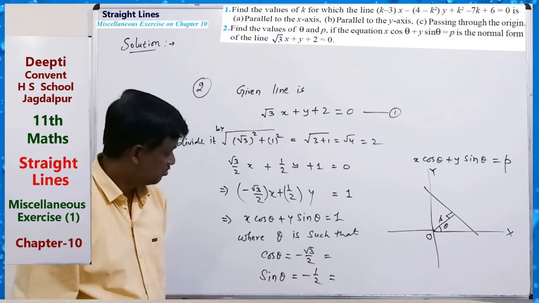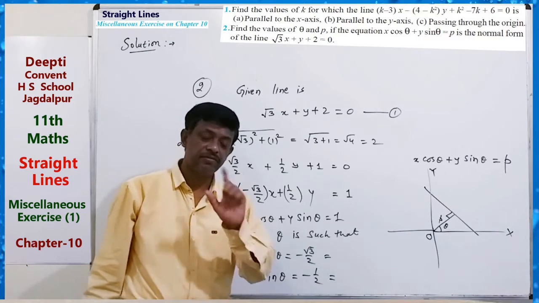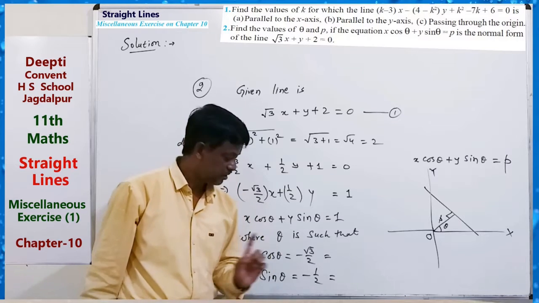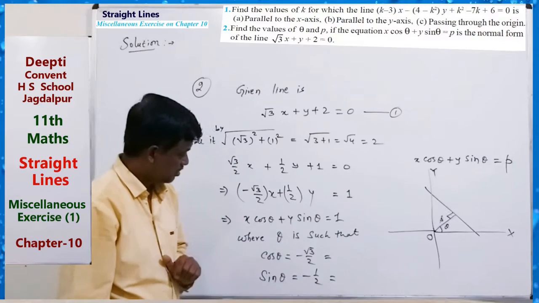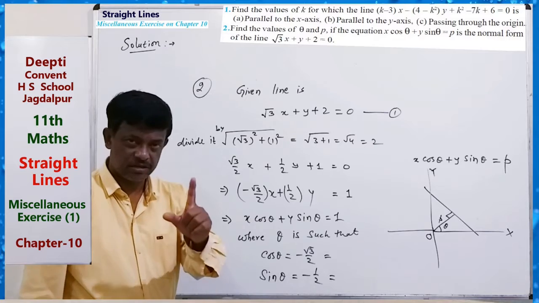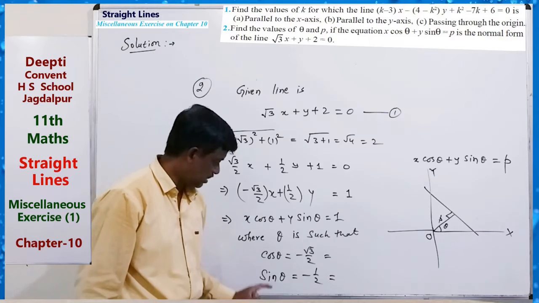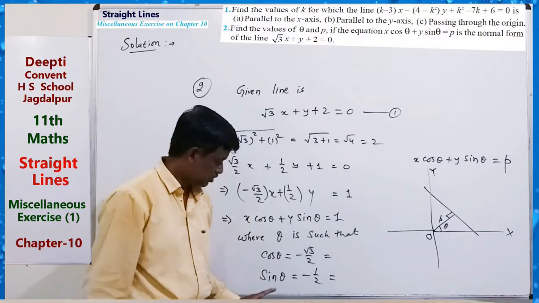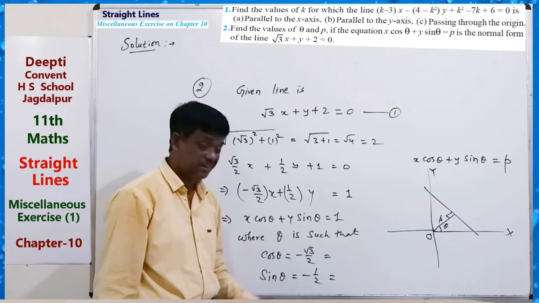Both are negative values. Sin 30, pi by 6, sin 30 is 1 by 2. So 30, but here there is a minus sign.